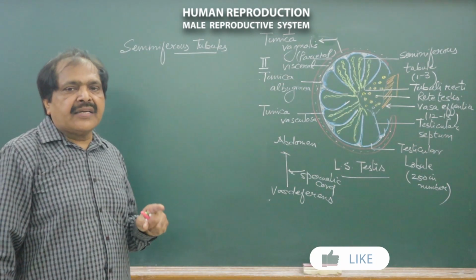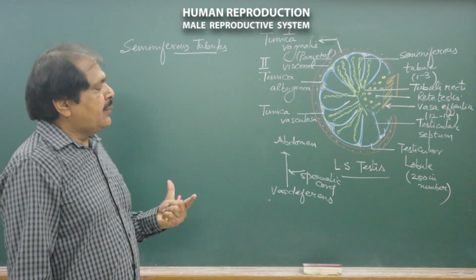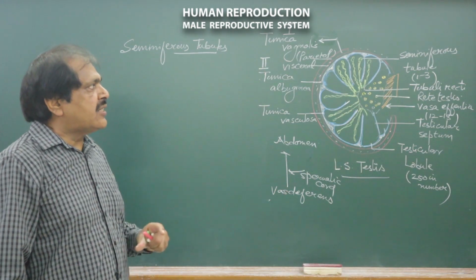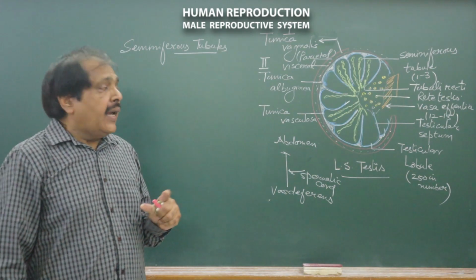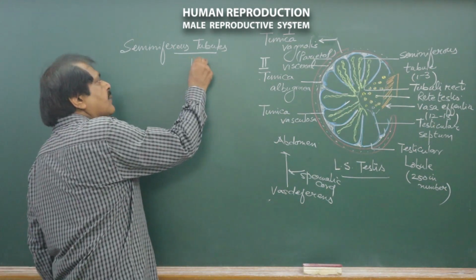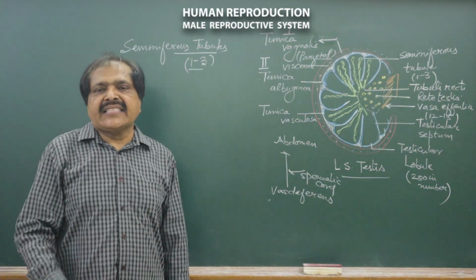They are responsible for spermatogenesis. Second, I told you that these seminiferous tubules are present in the testicular lobules, and they are 1 to 3 in number. They are coiled structures.